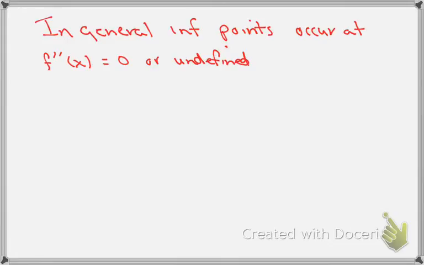That has to be a place where the function changes concavity. All right? But in practice, what you would do is find the places where the second derivative is equal to 0 or undefined, then go back and check to see, is that a place where it changed from concave up to concave down? So the tool that you're going to use will be your sign chart again. And this time it's going to be on the second derivative.